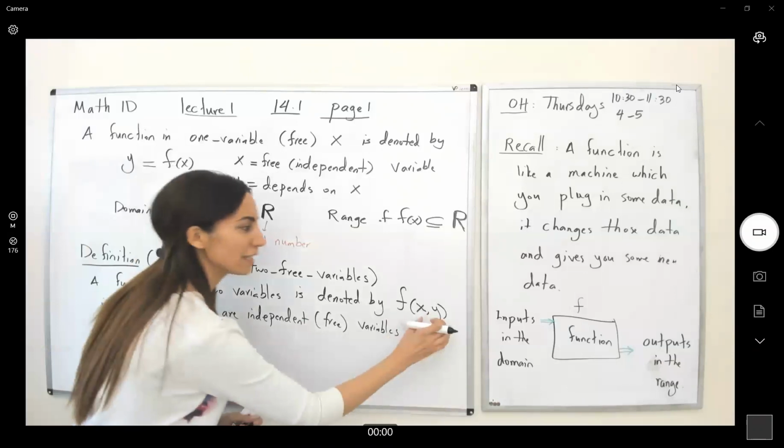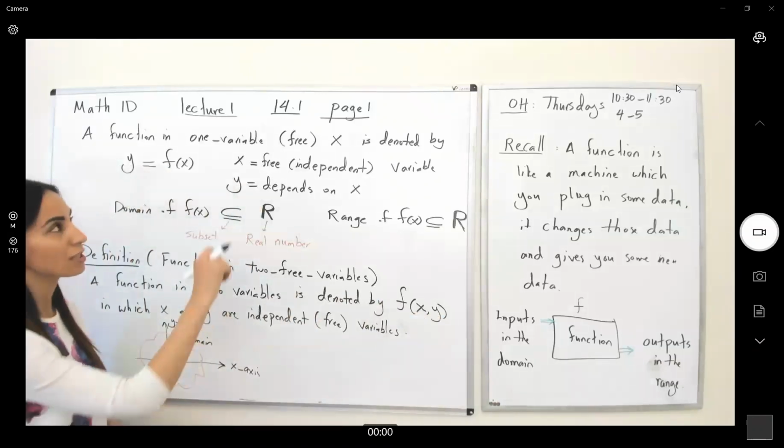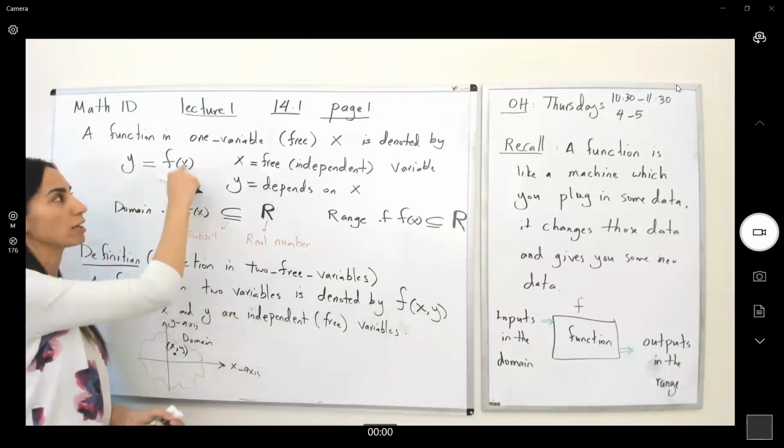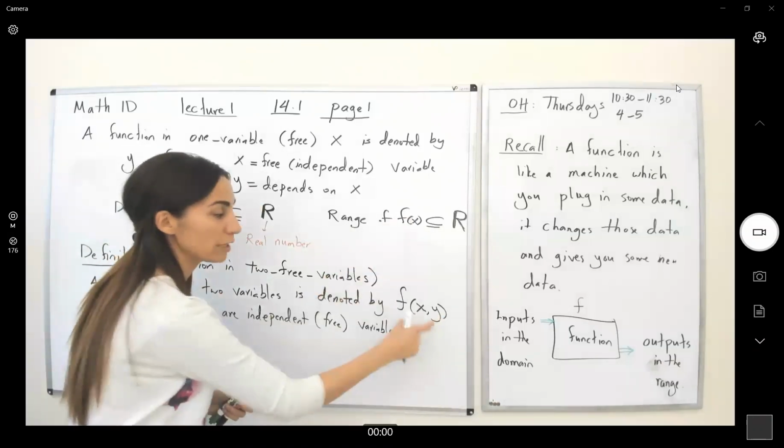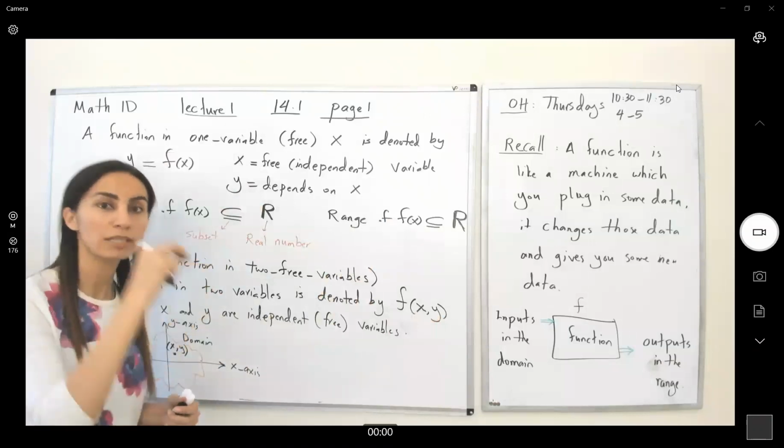It means that it takes points, not just numbers. Here you plug in one number and it gives you an output. Here you plug in a point, x coordinate, y coordinate.